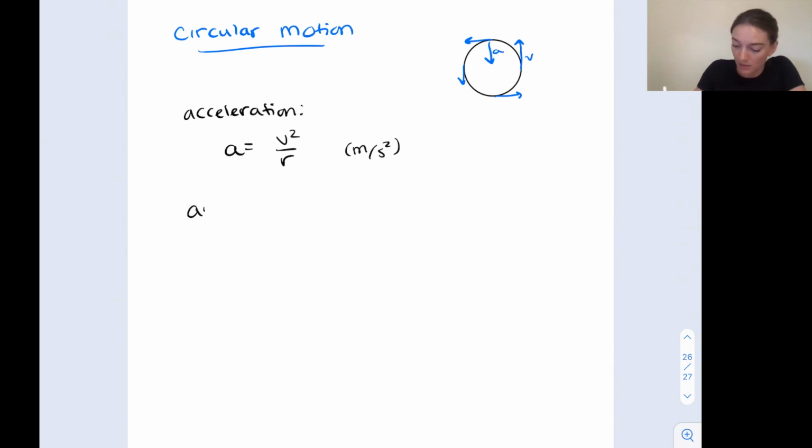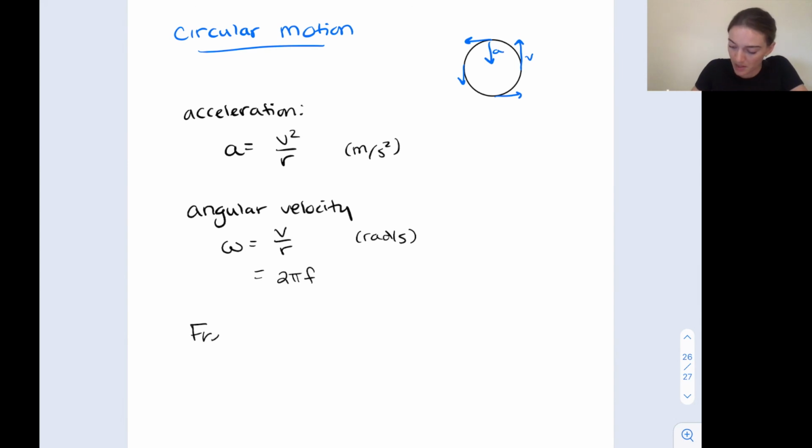Then our angular velocity is how many radians per second we're moving. Angular velocity is given by omega, and it's given by v over r. We can also write this as 2 pi times the frequency, and this is measured in radians per second.